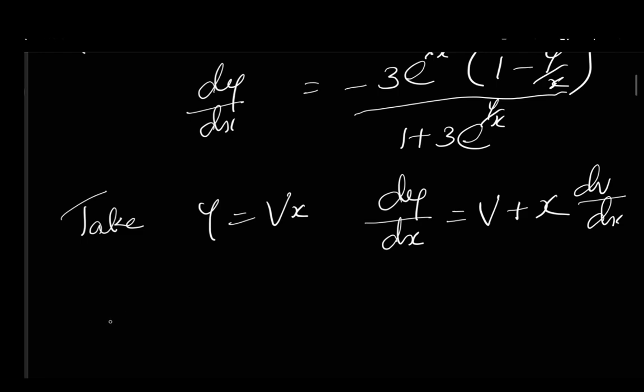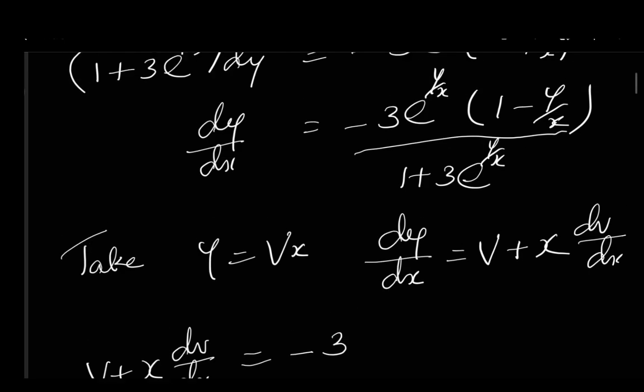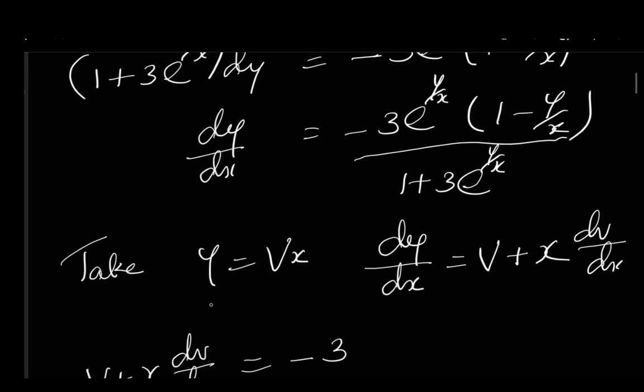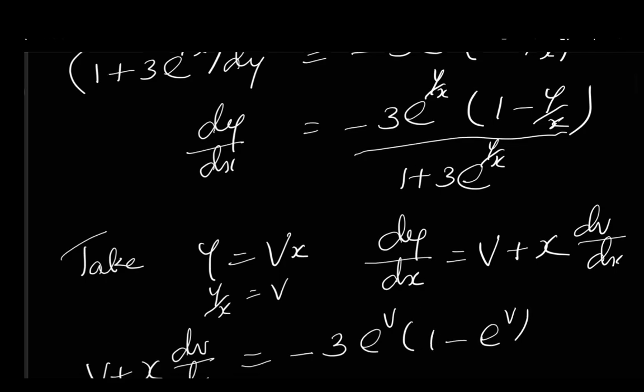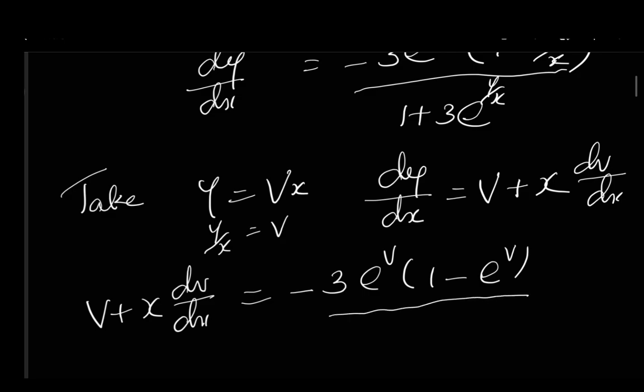So replace dy/dx in the equation as v + x dv/dx is equal to minus 3 into, since y equals vx, what about y/x? Take this x to the left side, you will get v. So e^v (1 − v) divided by 1 + 3e^v.